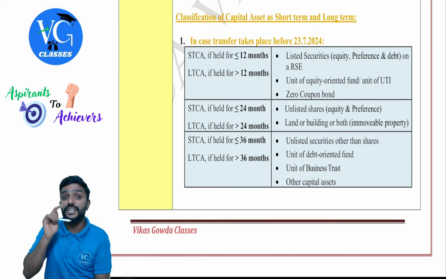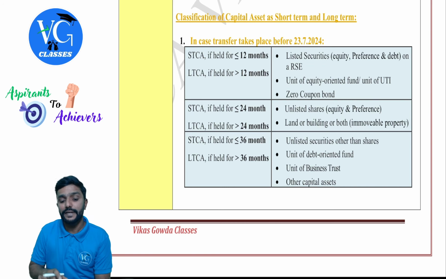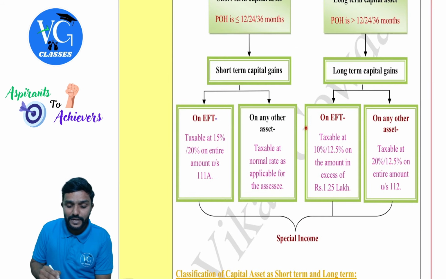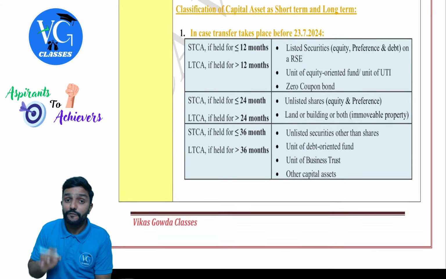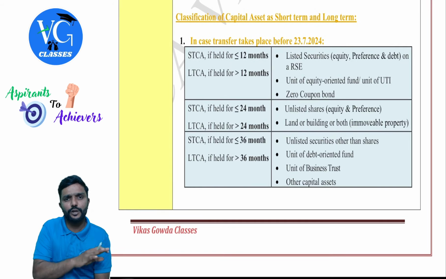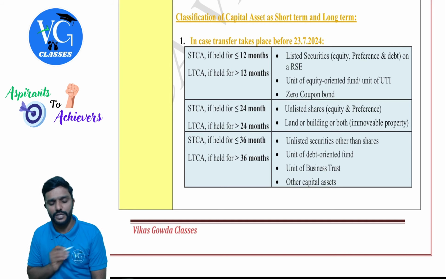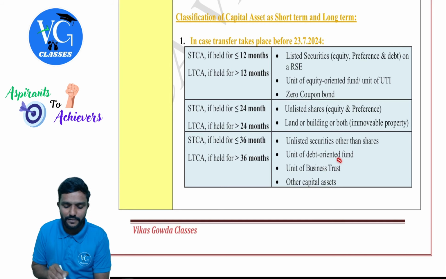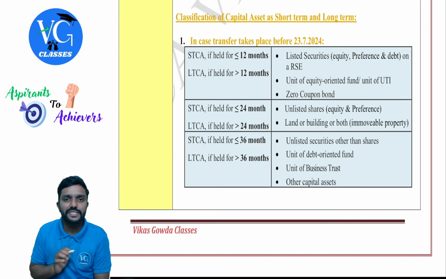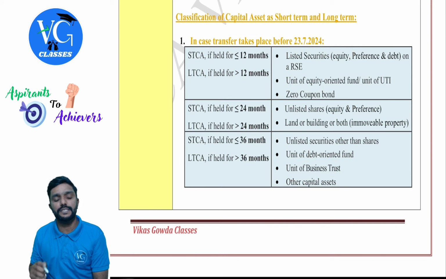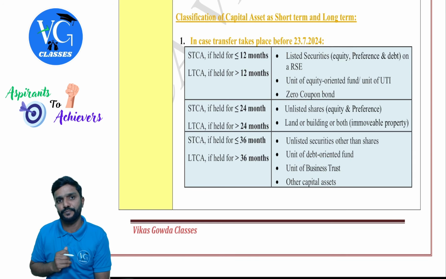Because this is a part of sections 112A and 111A, so you should know where it falls, and when we consider it long term or short term. You should be aware of that, so that is why I have given it. Whereas units of an equity oriented fund and listed shares, that is equity shares, fall under the 12 months criteria, while units of a business trust come under 36 months.